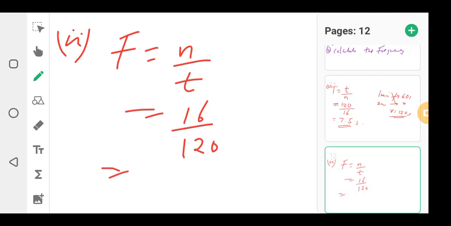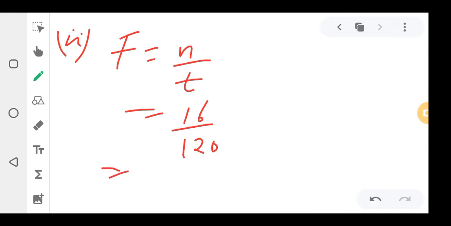So 16 divided by 120 is 0.8. So 0.8 hertz. That's how you do it.